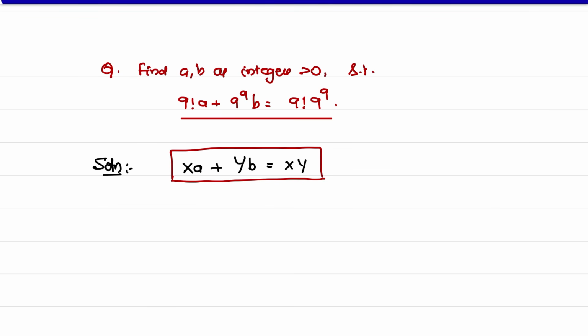With this concept in mind, let us try to find something. Here, this is the product, this is y, this is x, this is factorial, this is power, 9 to the power of 9, power number.